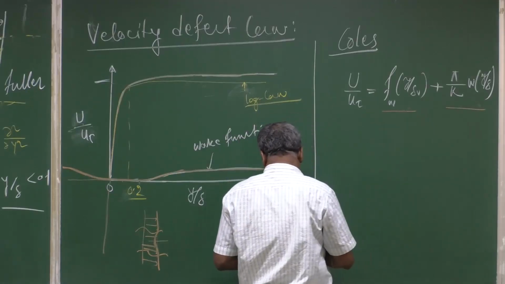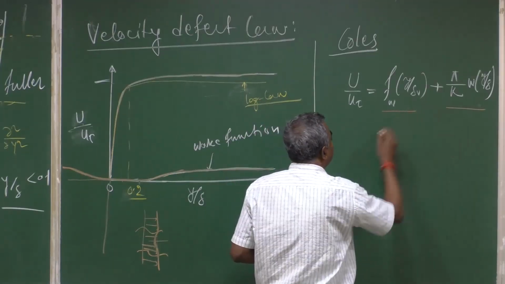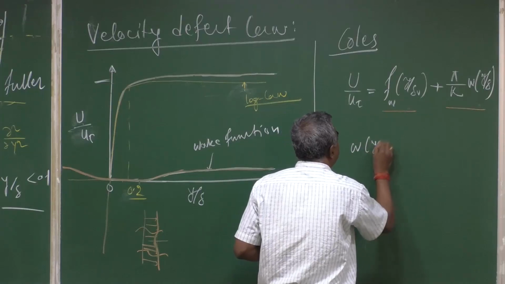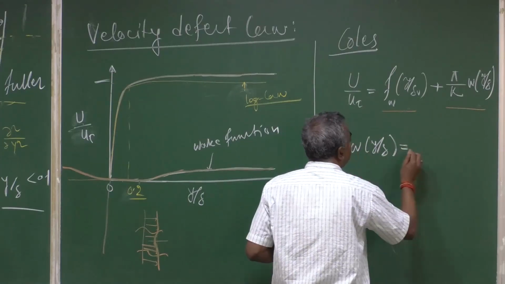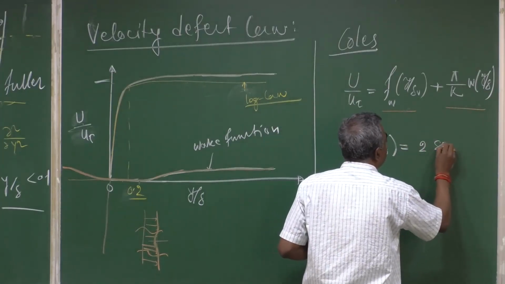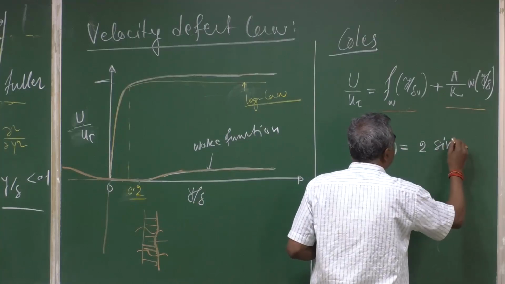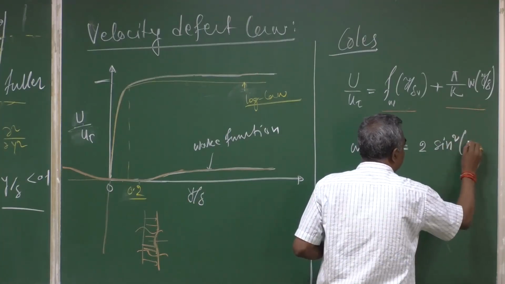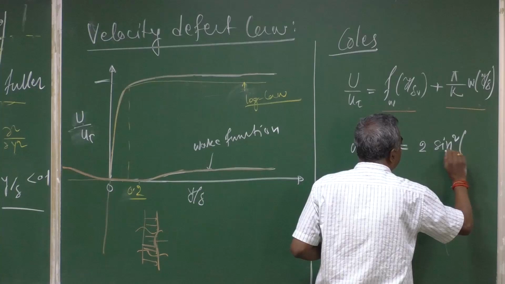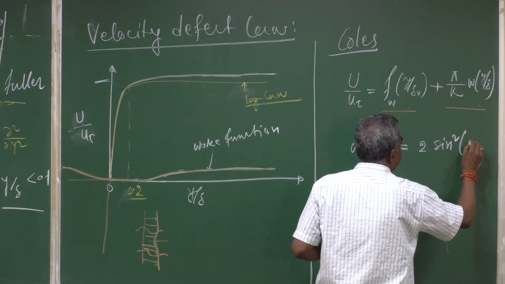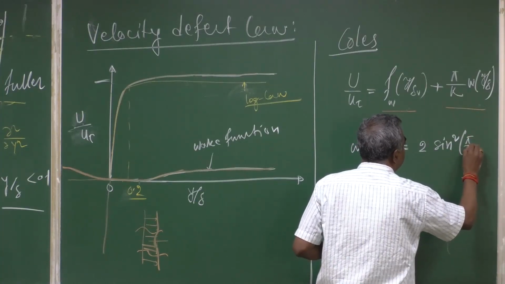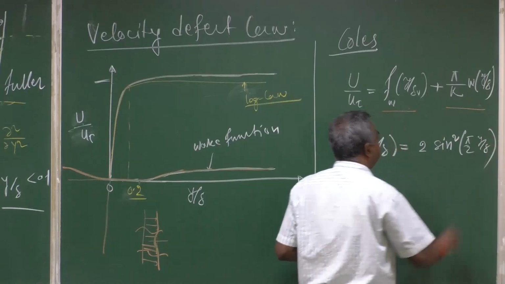Wake function. So, based on experimental observation, this function of y by delta can be represented as sine square, pi by 2 y by delta. Okay.